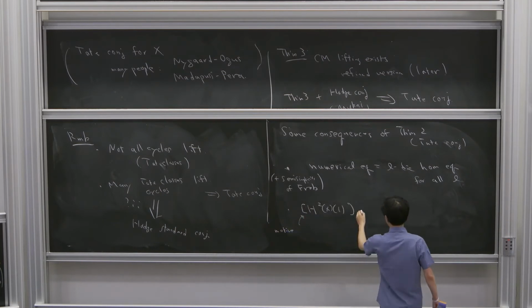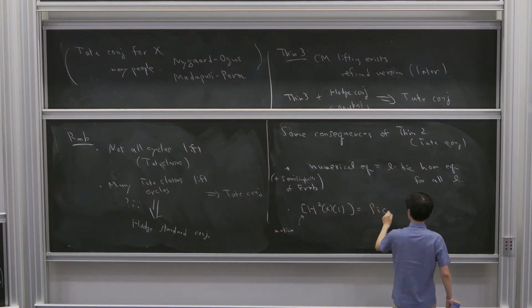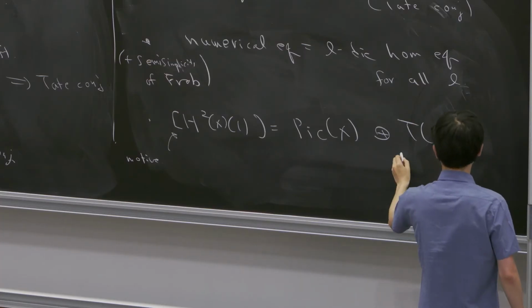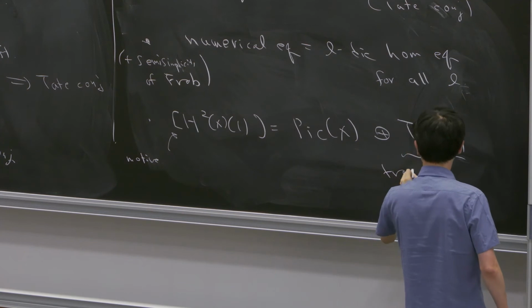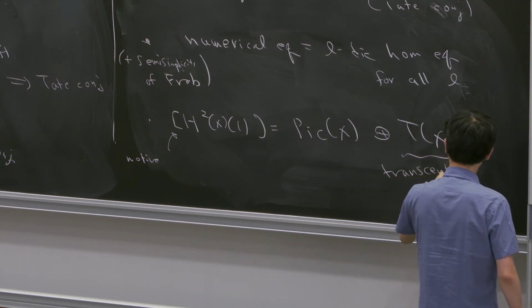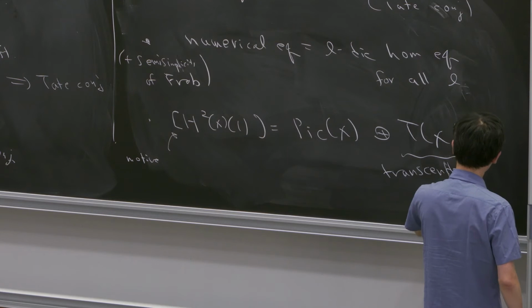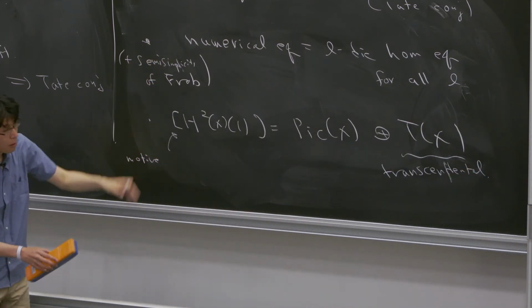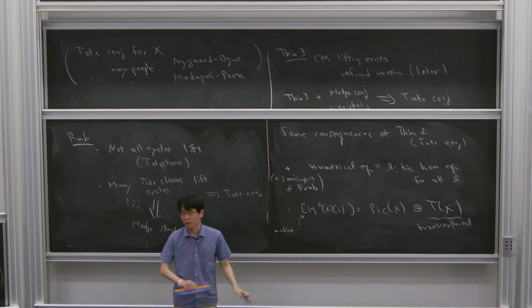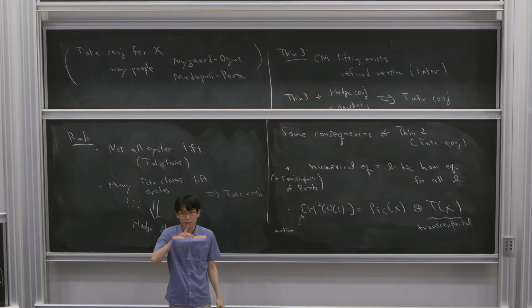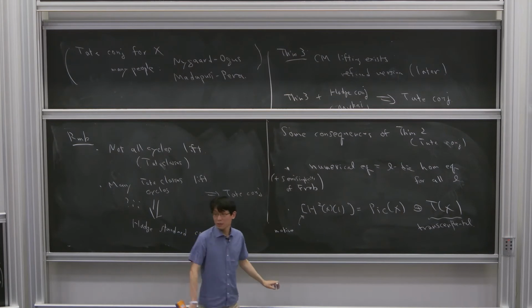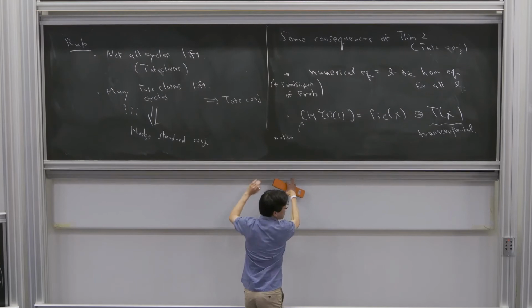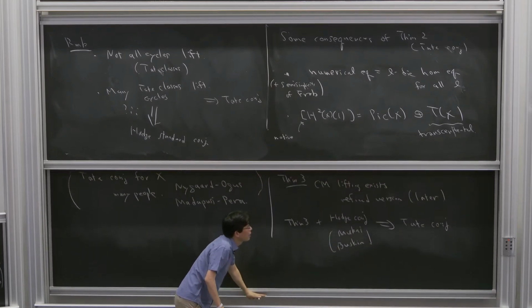And I decompose it into two parts, the algebraic part and the transcendental part. Because of the first point, we can work with numerical equivalence and l-adic homological equivalence both. There is no difference.